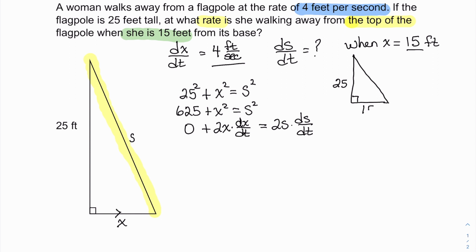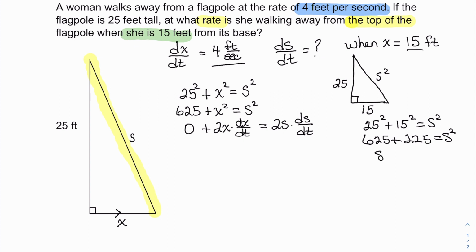When x is 15, the horizontal leg of the right triangle is 15, so I can use the Pythagorean theorem, 25 squared plus 15 squared is equal to s squared, to find the value of s at that time. So I have 625 plus 225 is equal to s squared.